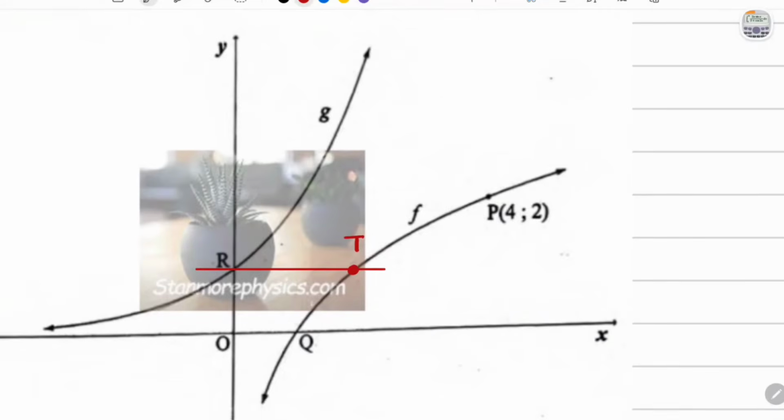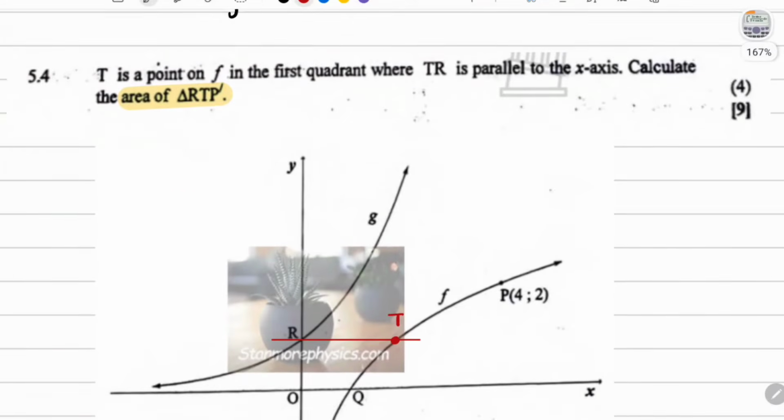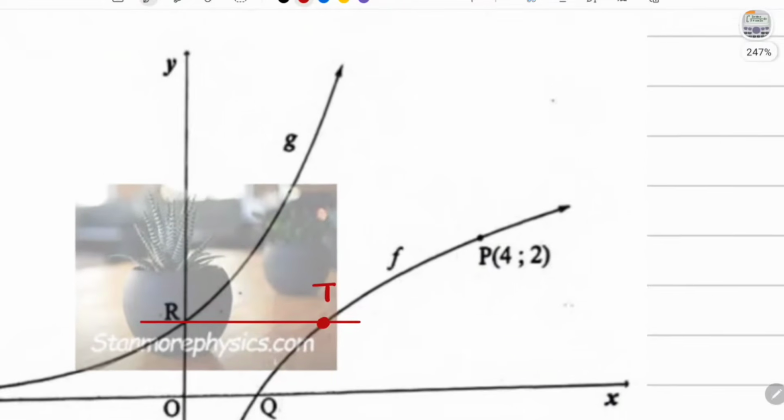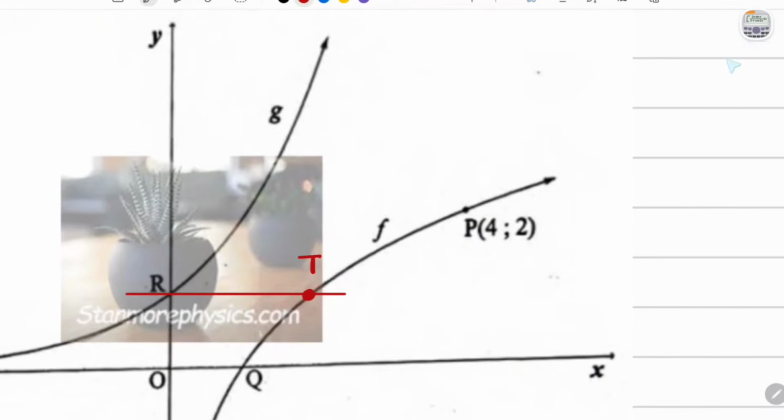Then what else do they say? Okay, so then they ask us to calculate the area of triangle RTP prime. So remember that P prime was somewhere here, but I'm starting to see that it's probably going to be here. It really just depends on where this is.